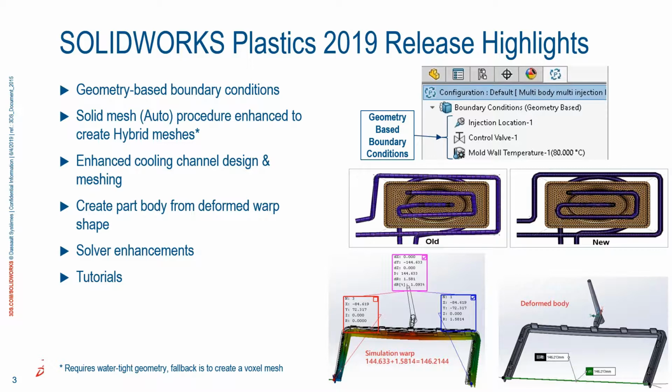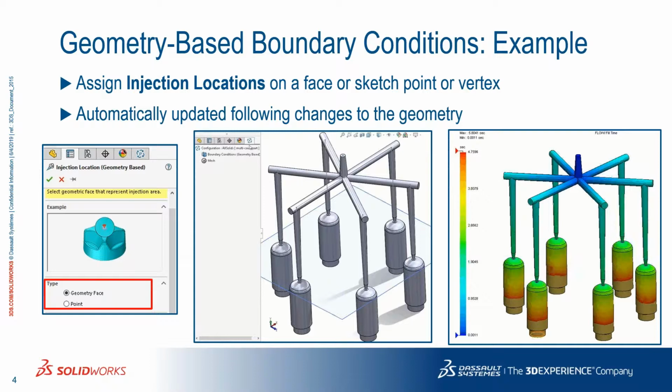We can export your deformed shape as a SolidWorks part file, which allows you to read that part file back into SolidWorks and compare it to the original geometry, or to some mating geometry, to see if the warpage is acceptable or unacceptable, because just because a part warps doesn't mean that it's unacceptable.